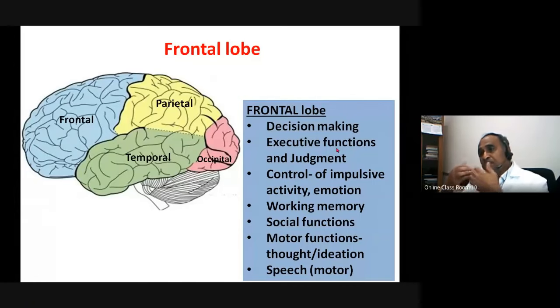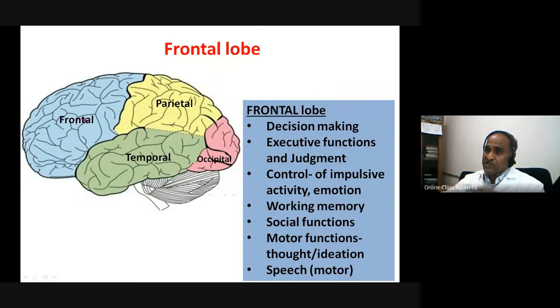How I will go for food, and what the things are, the entire thing is decided by the frontal lobe. These are executive functions.